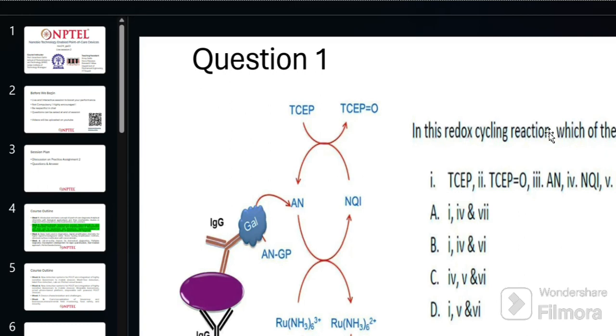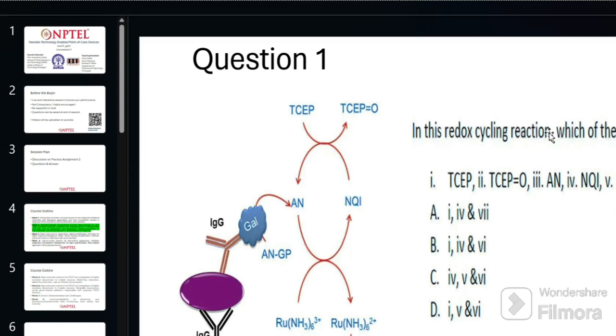Then you have a redox reaction. Redox reactions, as we found out, are used to amplify the signal so that the signal can be detected quite easily.